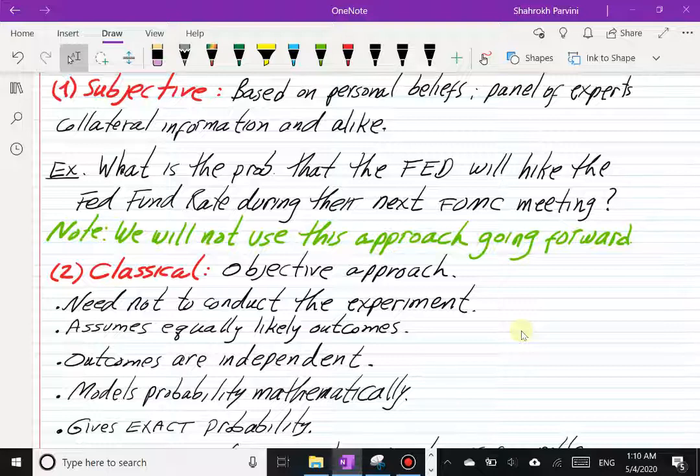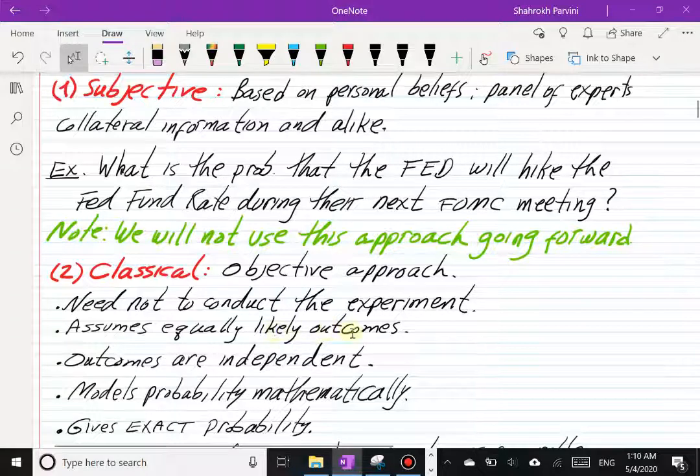I don't have to actually go out in the field, and I don't have to collect any data in order to assess the probabilities. Usually we use the classical approach for problems that are well defined and can be modeled mathematically. And in this approach to probability, the assumption is that we have equally likely outcomes.